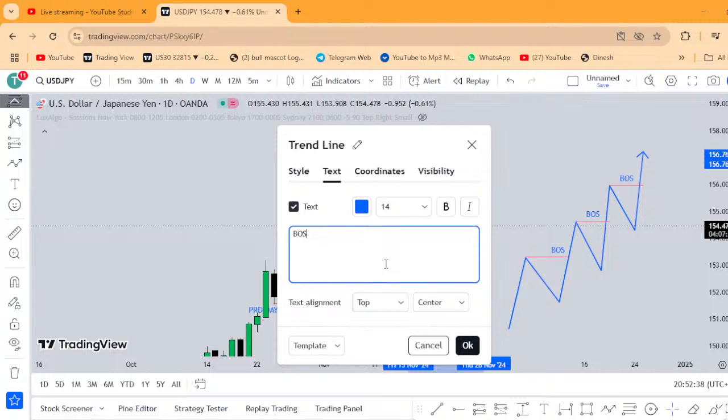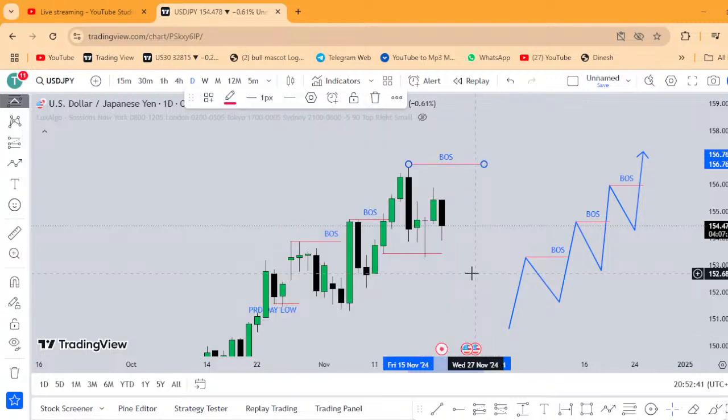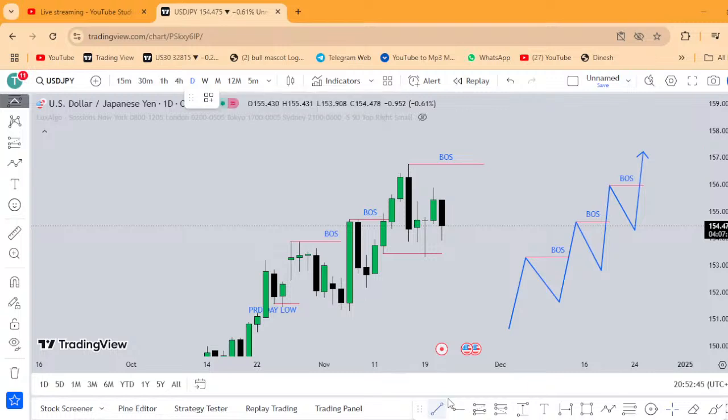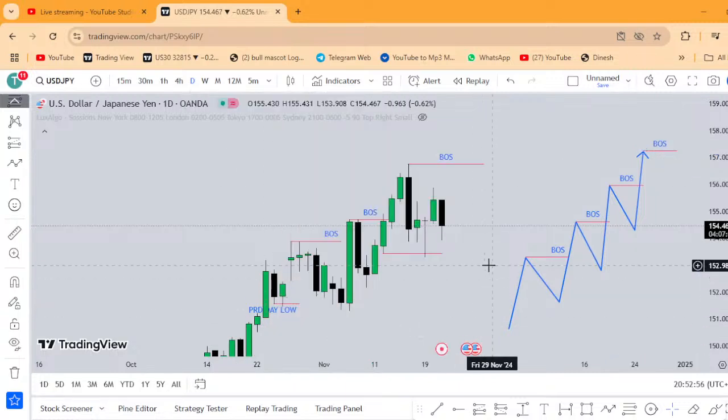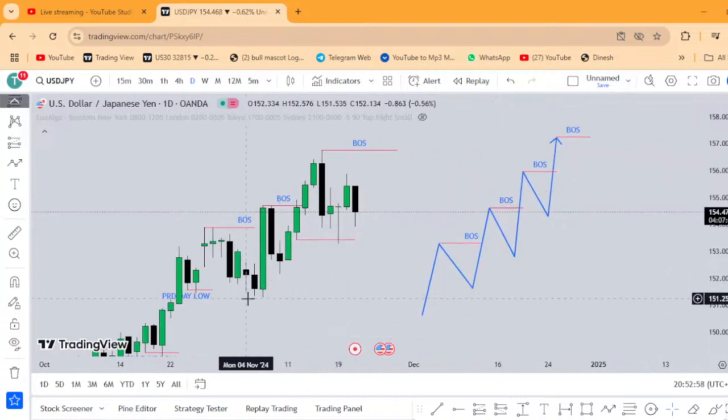So if USDJPY is to confirm further BOS or further buys, we need to see price creating a body close up here. But then since we believe price is bullish, we can still expect to buy this price pushing up higher.